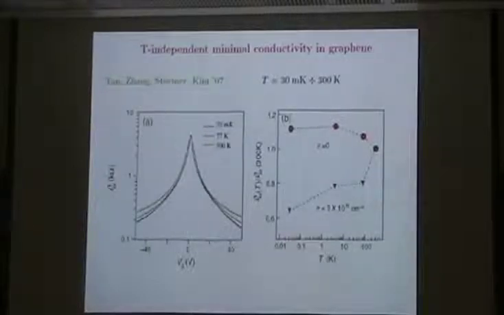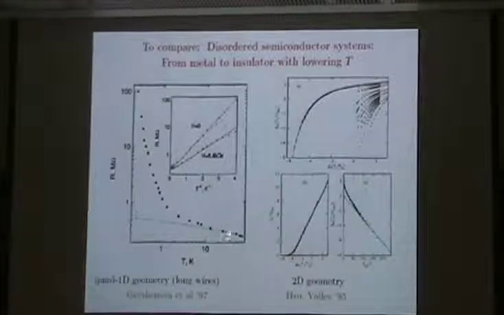Normally, when you have conductivity of order e squared over h and you go to very low temperature, you expect to see localization, as we discussed. I already showed you that in wires, and it's similar in two-dimensional systems. Usually, in a dirty semiconductor system with conductivity of order e squared over h, you go to low temperature, you see it localizes, it goes to variable range hopping, and that's it.